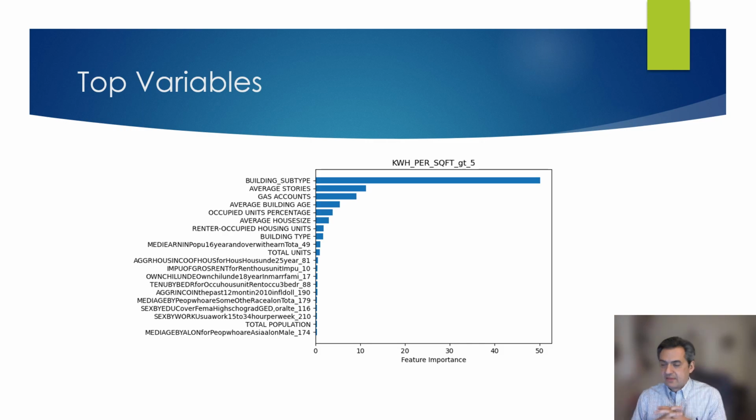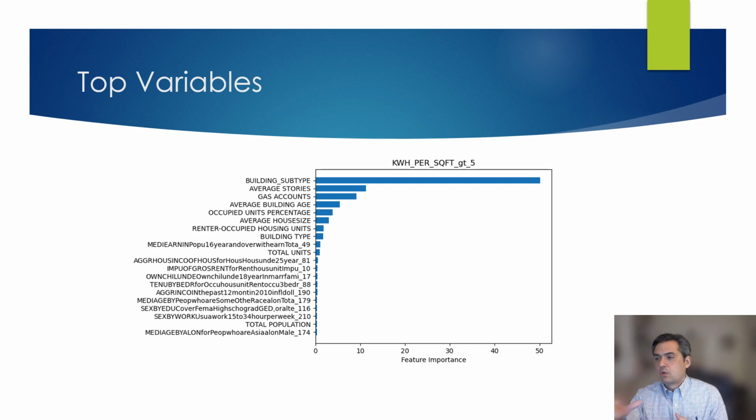After combining that data and training a model, here is a model importance graph. The model I used was a gradient boosting model, and the response variable here was defined as kilowatt hours per square foot greater than 5. There could be other cutoffs such as greater than 10 or greater than 15, and you could also have a model that just estimates the kilowatt hours per square foot.